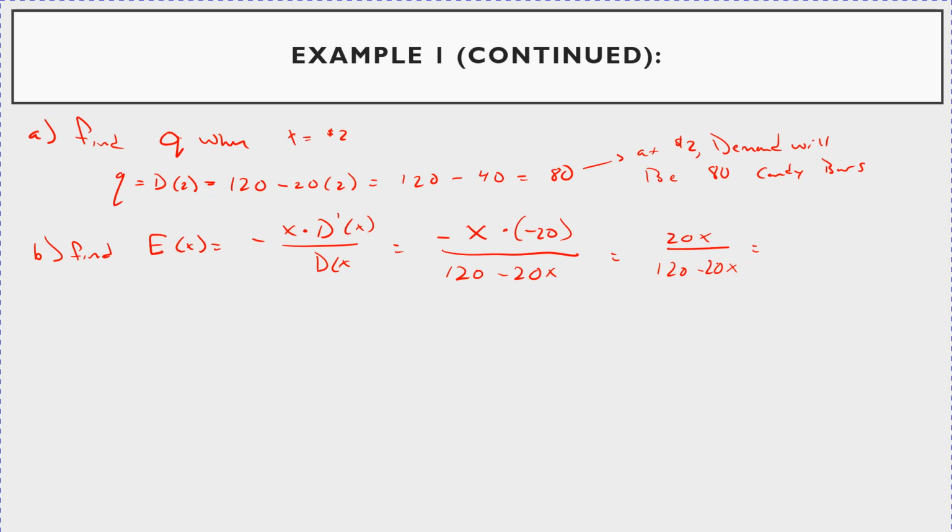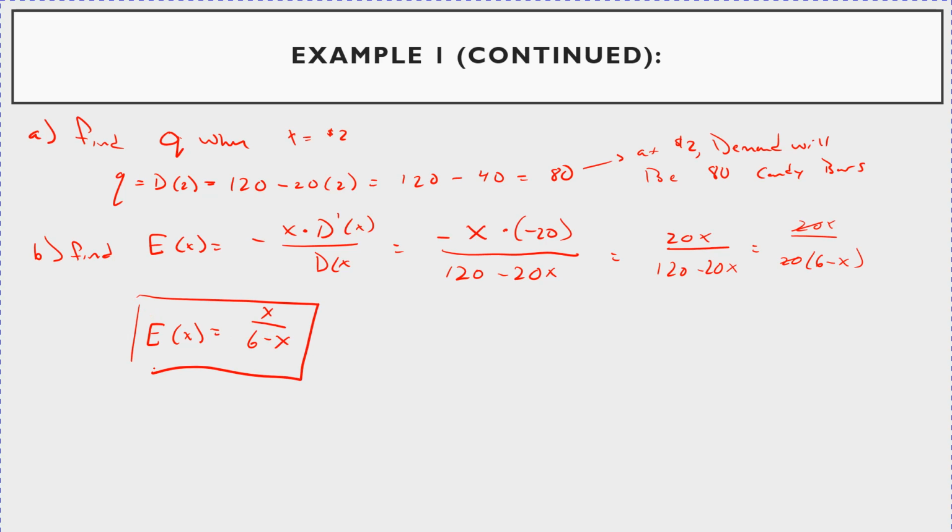I'm going to factor out a 20 of the denominator. You're left with 6 minus x. Notice the 20 cancels here. And our elasticity as a function of x, which is price, is just x over 6 minus x.